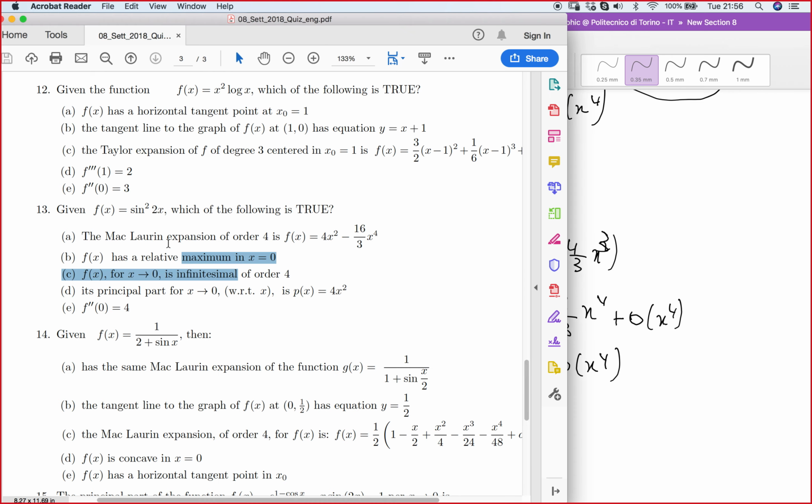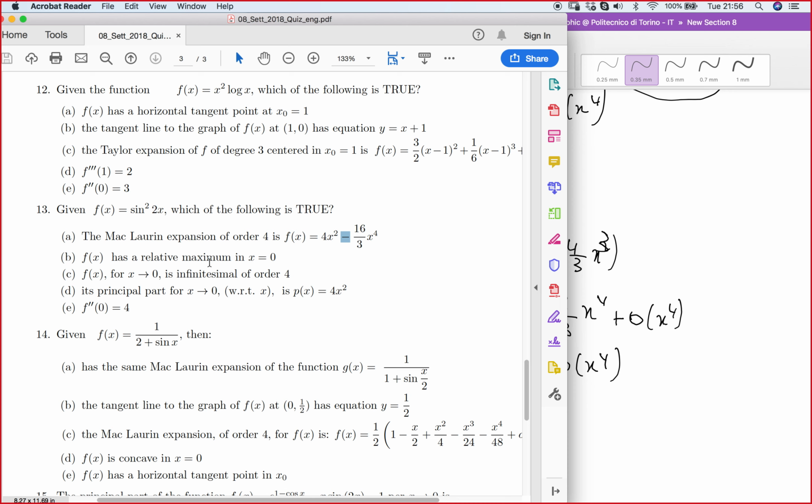No, it's not true, because this is just a polynomial. So A is not true because there is no little o. Here we need the expansion, but they give me just the polynomial. Even if this is the polynomial we got, it's not the Maclaurin expansion.